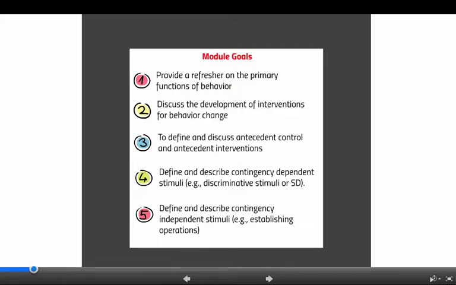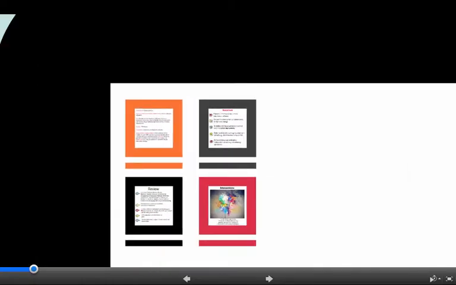And then I'll be defining and describing what's referred to as contingency-independent stimuli, and that's what we know to be establishing operations. So contingency-dependent stimuli and contingency-independent stimuli will be the topic of conversation.